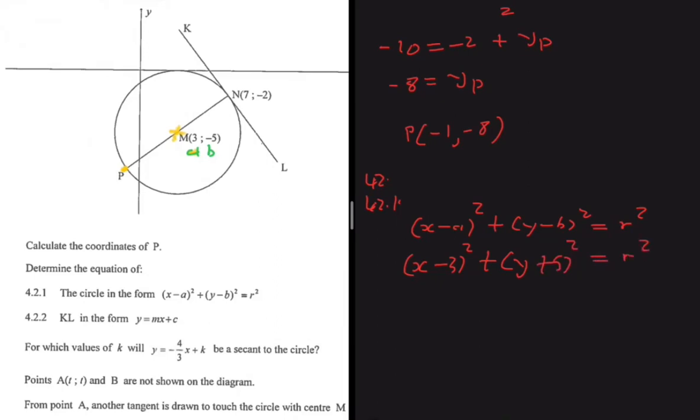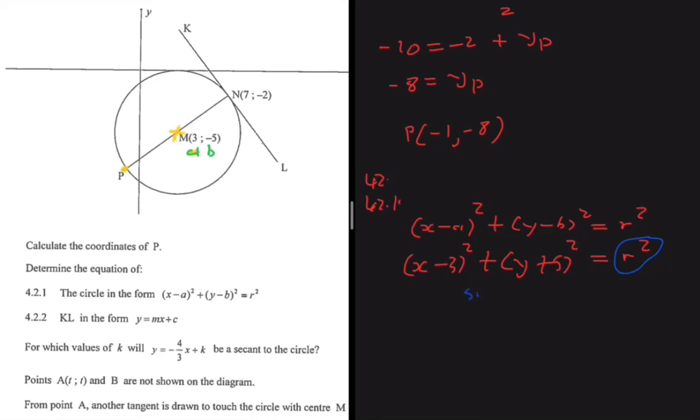Now we have to find r squared. So to find r squared, we're just gonna take a point on the circumference of the circle and substitute into this equation, right? Or we can just determine the length of MN using the distance formula, but then let's just substitute it into the equation.